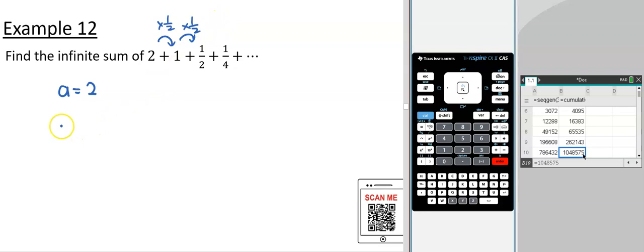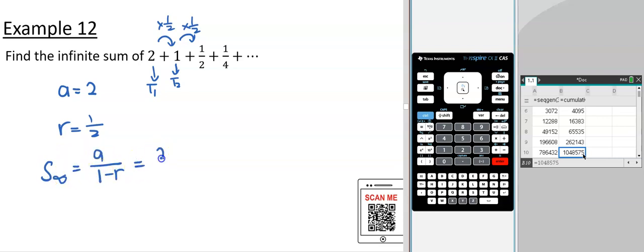If you don't know how to get it, you can find R using the second term divided by the first term, so 1 divided by 2. You want to find the infinite sum, so A divided by 1 minus R, which is 2 divided by 1 minus half, so 2 divided by 1 over 2. It indirectly means 4.